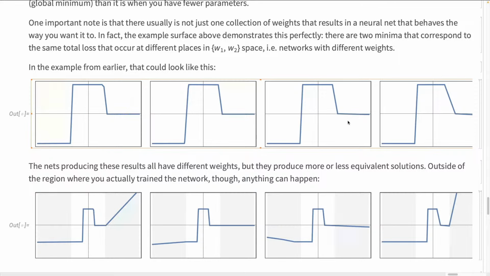We never specified any of this. We just said, here are some points that exist on this weird curve, quote unquote. It's not really a curve, it's discontinuous, or rather, it's not smooth. We just said, hey, here are some points, figure it out. So that's a really nice thing about neural networks.